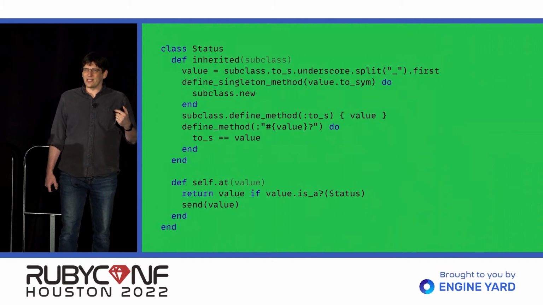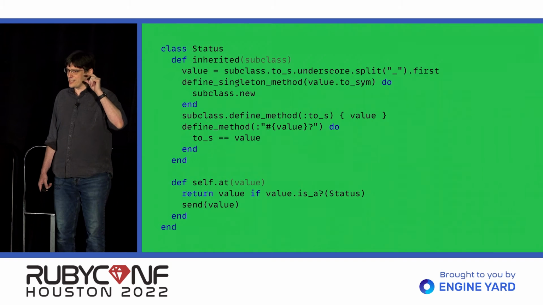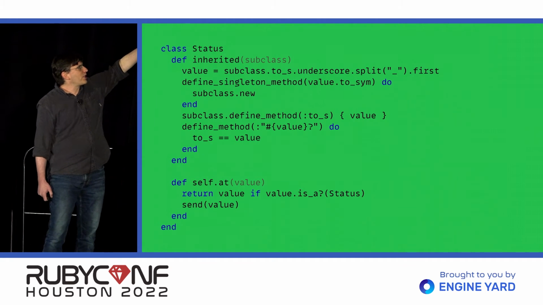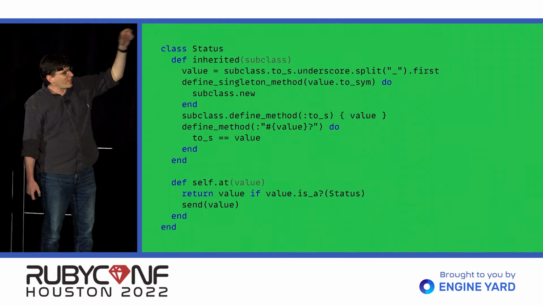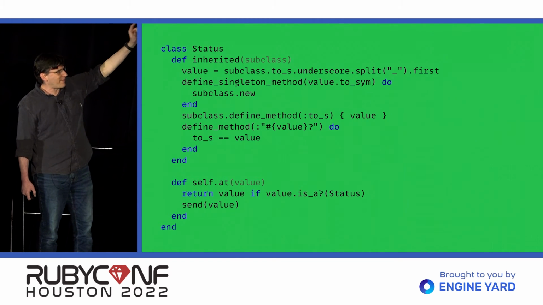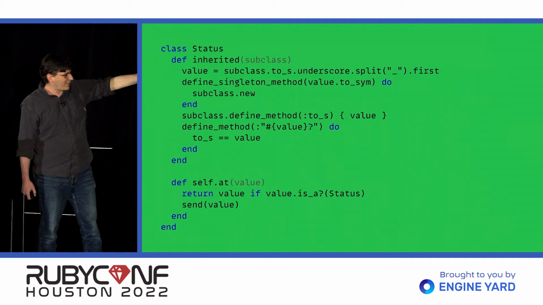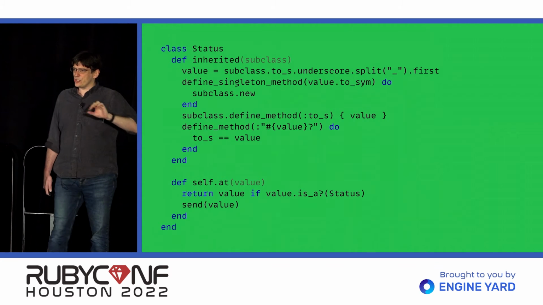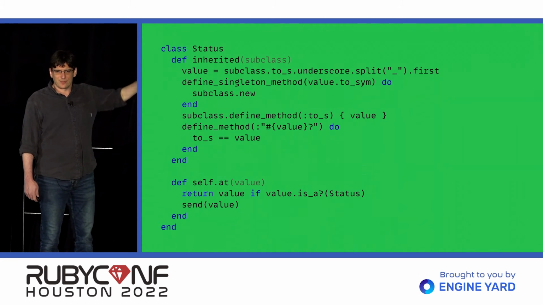So every time I define one of those done statuses, started statuses, whatever, this inherited hook is called, and it takes the subclass, and we extract out the string, and we do the same. We create the same methods. We create the class method, we create the string method, we create the predicate method, and we create the app method. Okay. So this actually unifies all 5 of those concepts in one piece of the code.